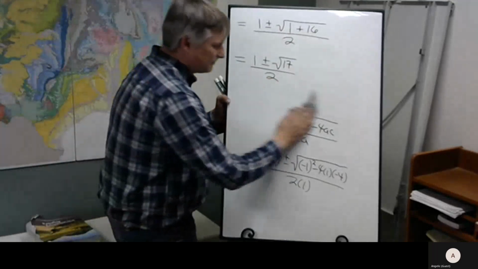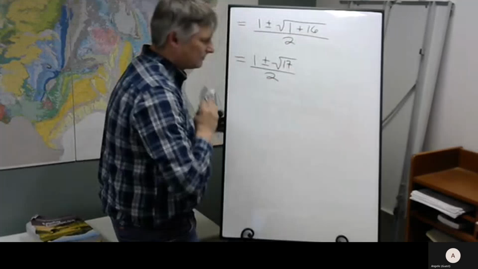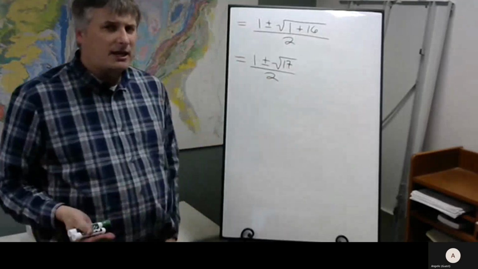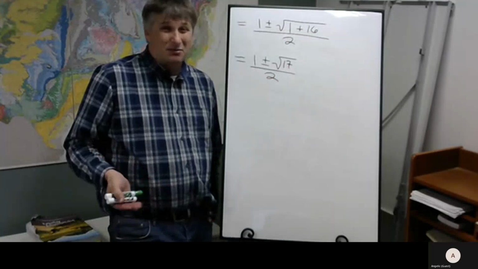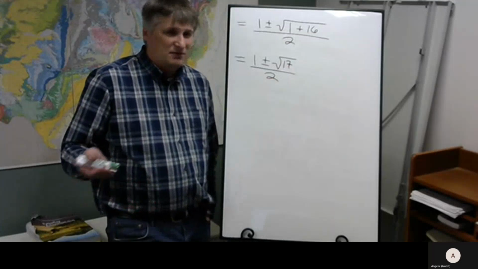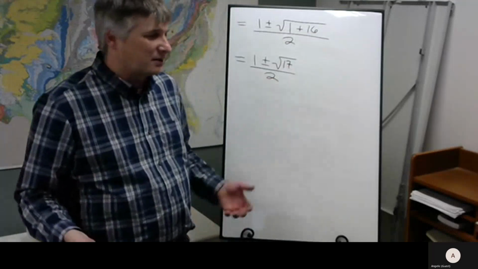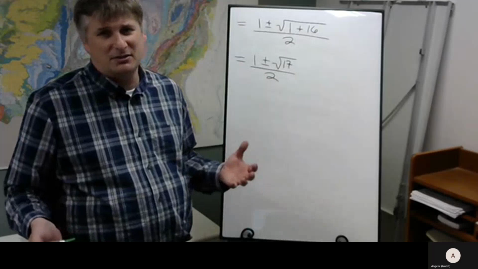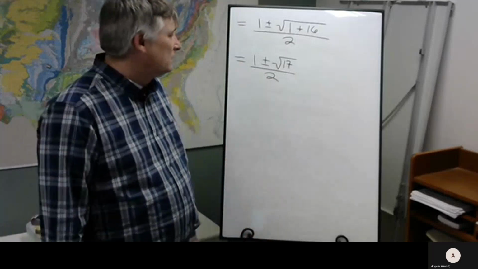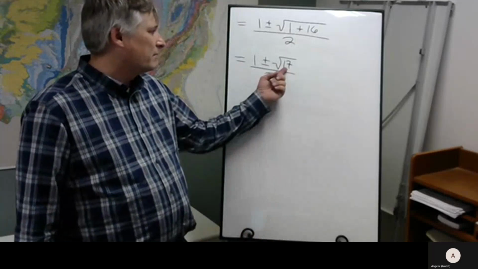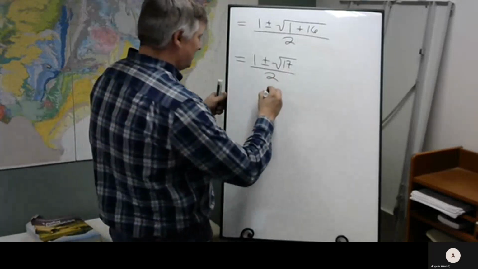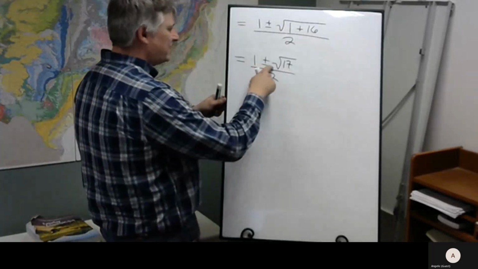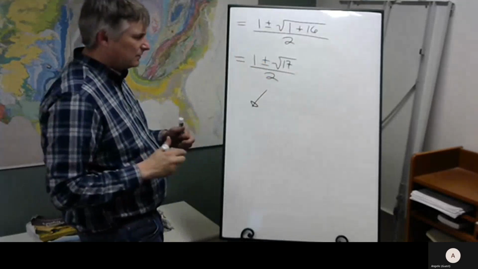Now, at this point, we want to think about taking the square root of 17. But 17 is a prime number. So we can't really use the rule of pairs on 17 because 17 is just 17 times 1. So since it's a prime number already, it's just going to be left behind. And there's nothing we can factor either on top.